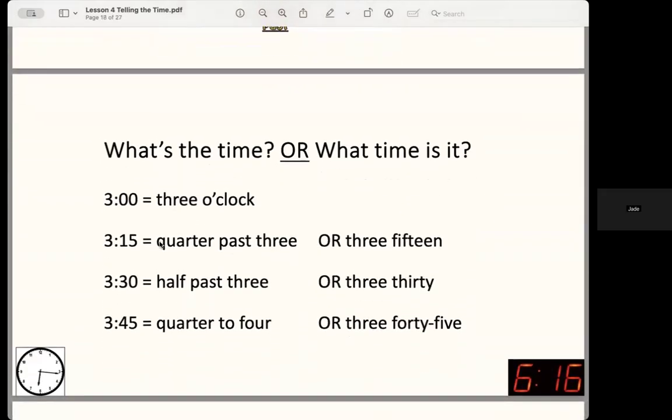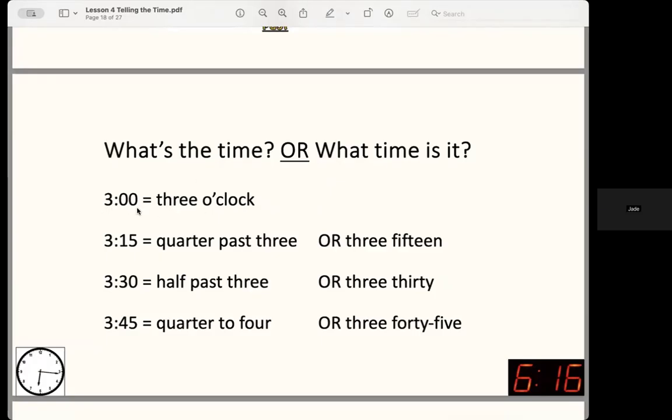So in this case, the digital form of the time, 3:00, we read it in an analog way, we say 3 o'clock.